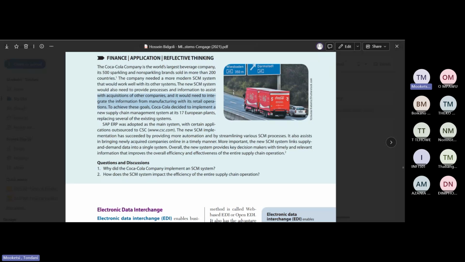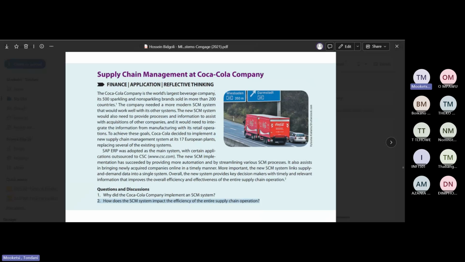Question 2, how did the supply chain management system impact the efficiency of the entire supply chain operation? We are on this one now. How does the new SAP ERP system impact the efficiency of the entire supply chain operations?